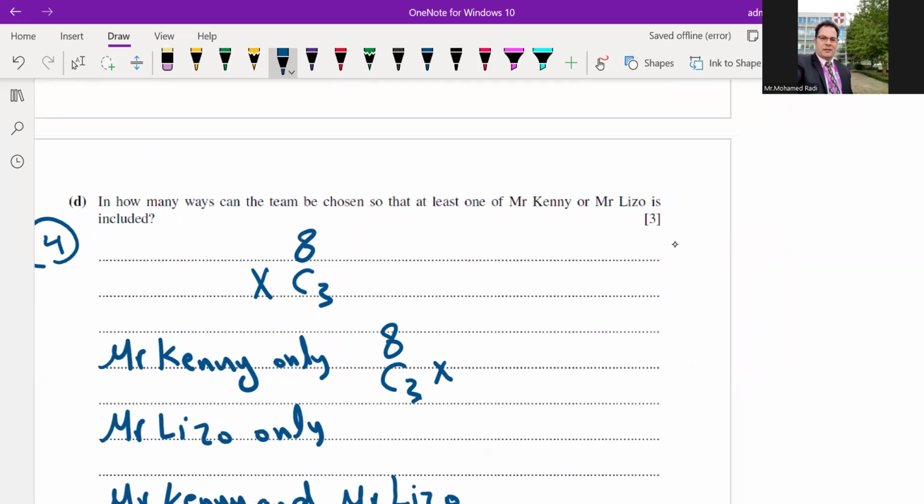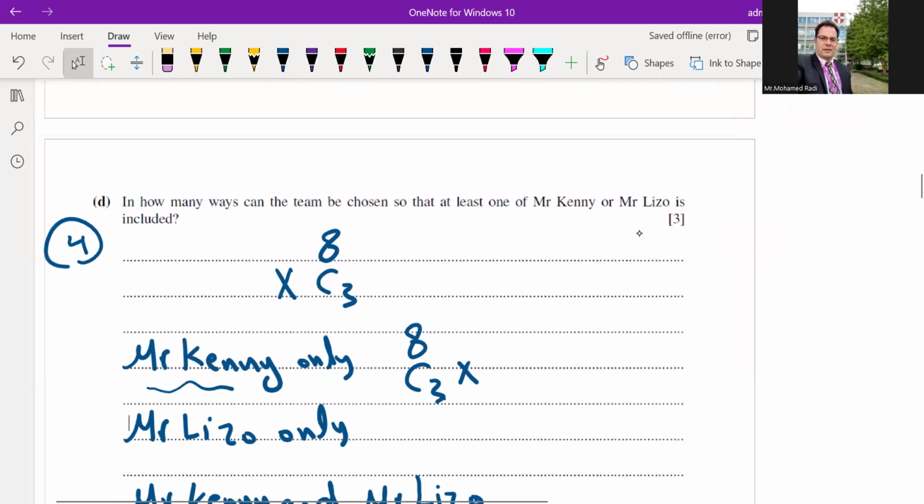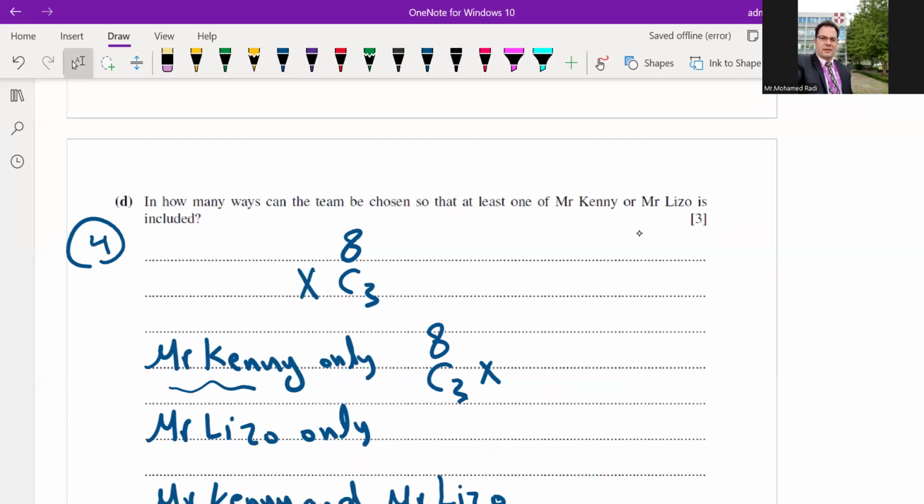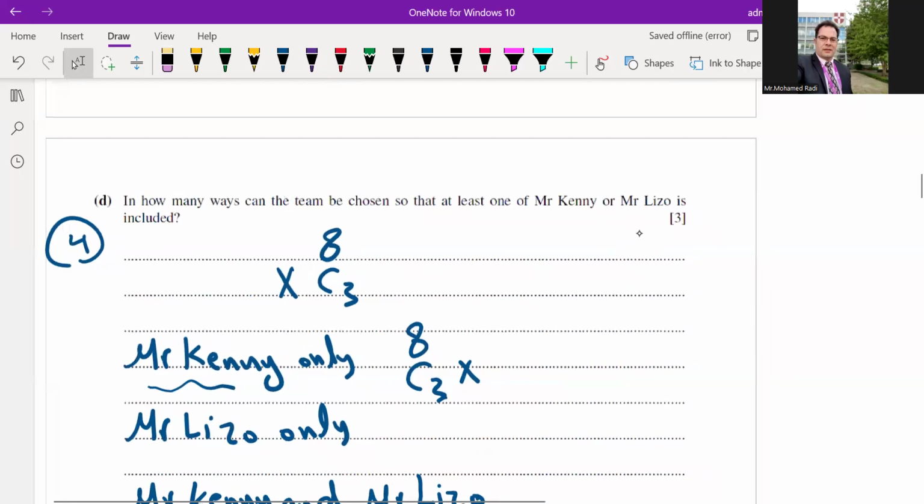Then multiplied by, how many left to form a group if Mr. Kenny will be in but Mr. Lizo is not? So I have to remove Lizo from our selection. There are 7 adults, but we'll keep 1 outside of our selection and we'll take Kenny. So how many left from these 7?